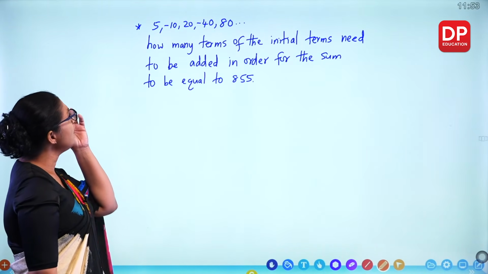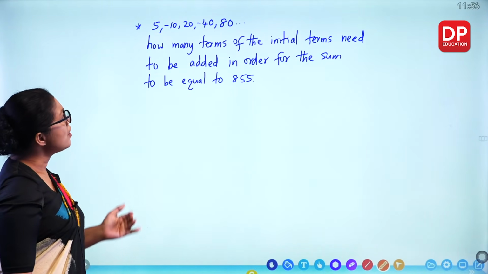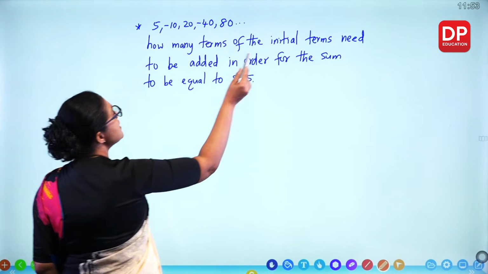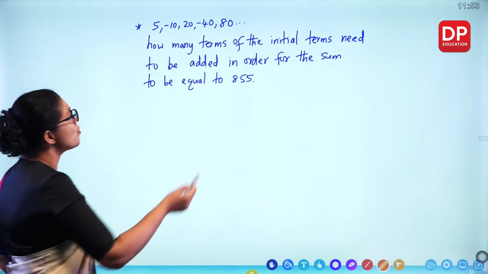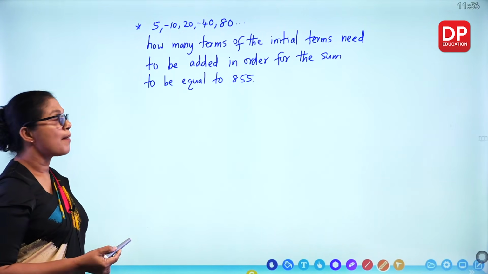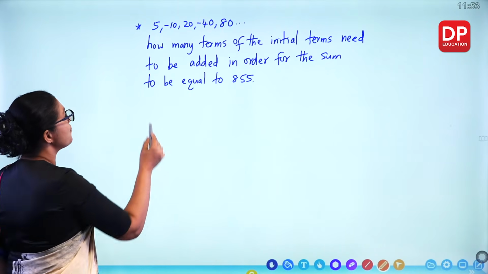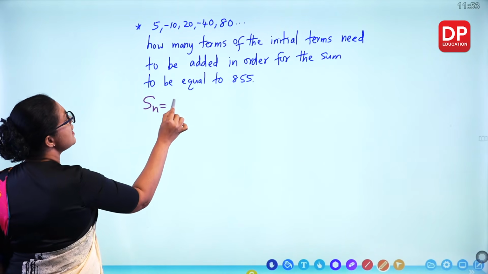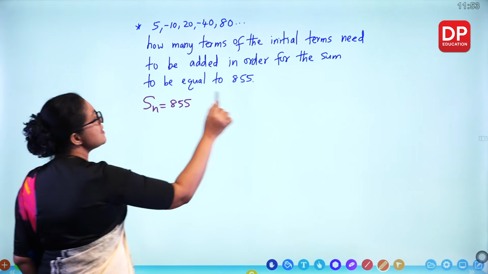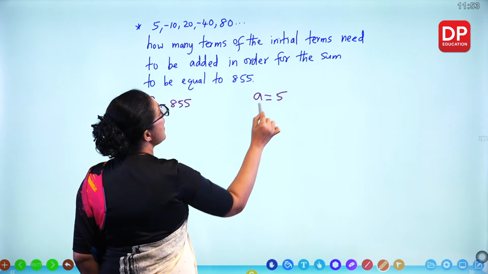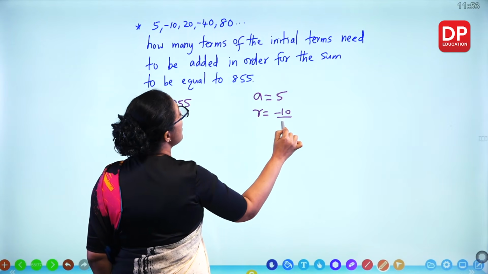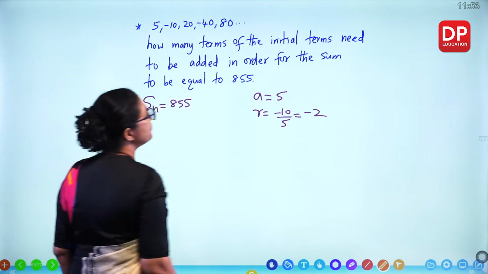Now look at this one. You are asked to find how many terms are there to get 855 as a sum. So the sum is given now. So Sn is given as 855 for this sequence. So that means we know A value is 5, R equals minus 10 divided by 5, that's minus 2.